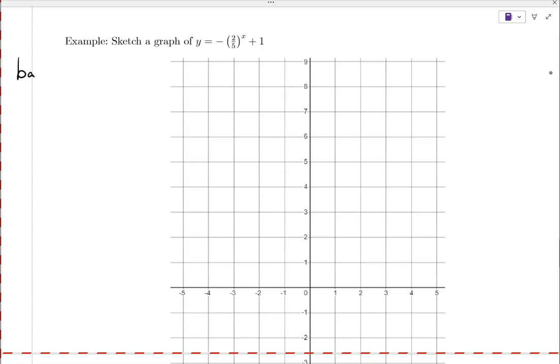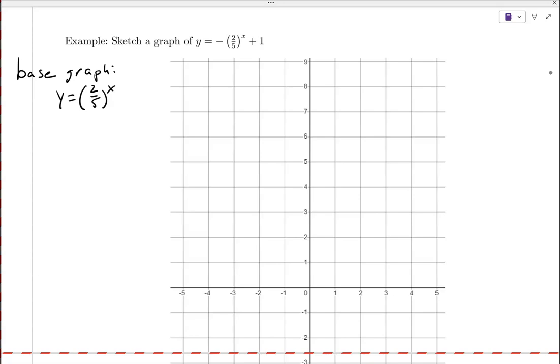Yeah, exactly, the decreasing one, because our base function is 2/5 to the x. So our base graph will be 2/5 to the x. Our base here is 2/5. That's less than 1, so we know it's going to be going down to the right.